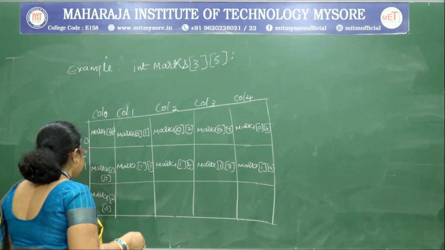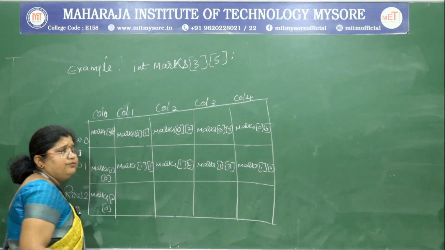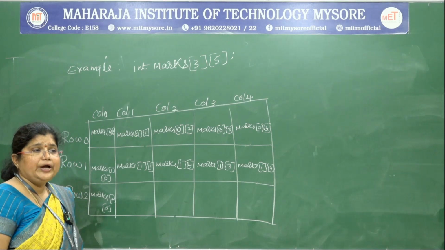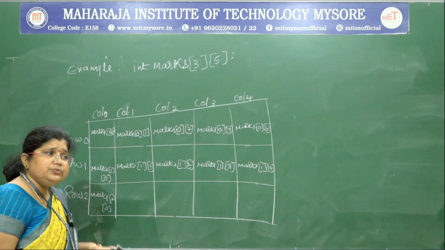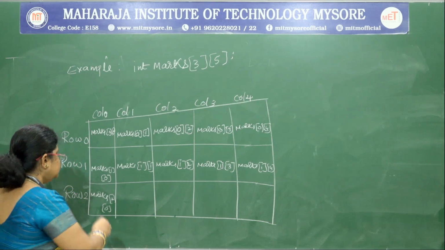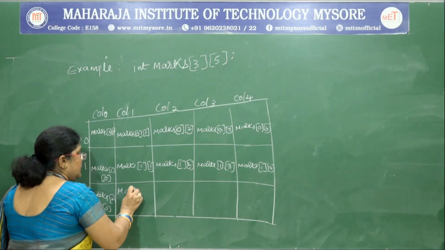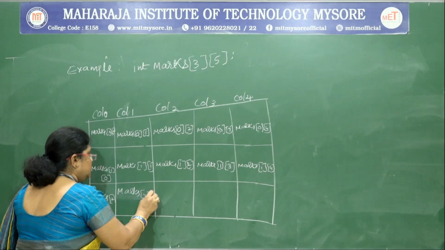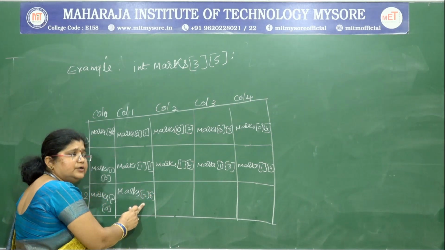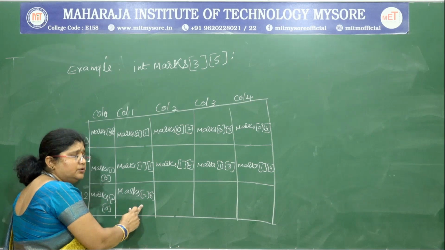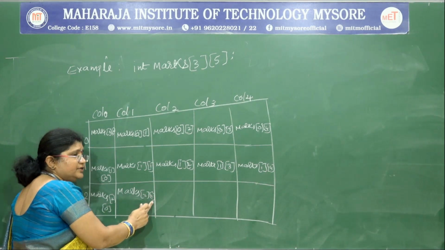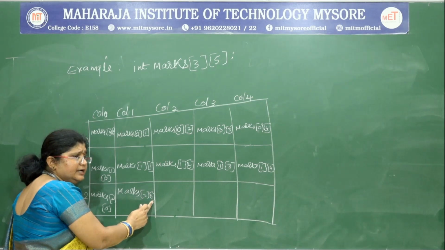In the same manner, if you want to access the third row elements, we need to use these subscripts, where marks is the name of the array: marks[2][1], indicating the third row, whose index is 2, and the second column, indicating 1.